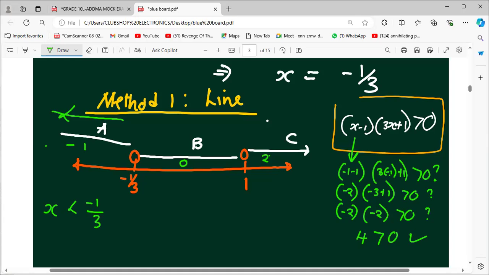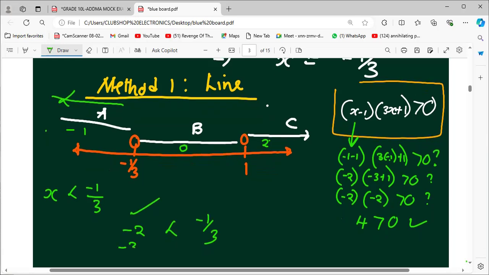For example, -2 is less than -1/3, so this one satisfies. If you picked -3, it is also less than -1/3, so it also satisfies. So all the values that are less than -1/3 are our values. We've checked that this side actually satisfies. So this one has passed the test.